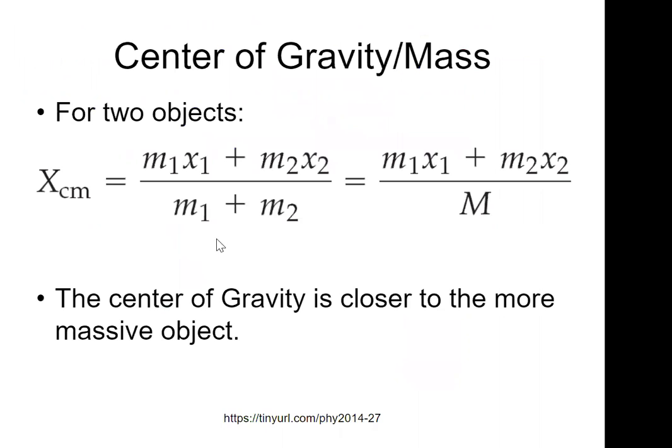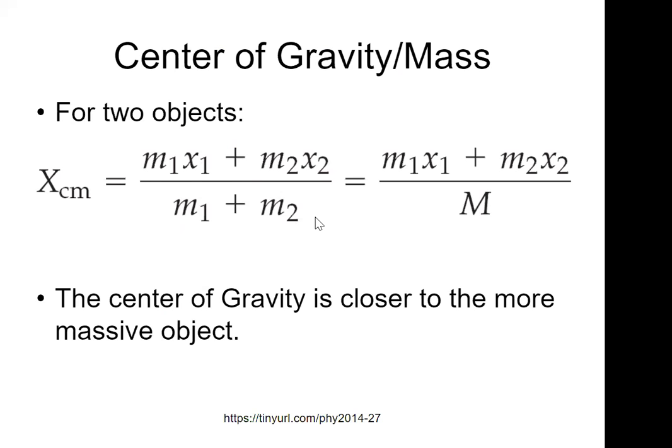If you have two objects in the system, and this is one dimensional, the location of the center of mass can be determined by m1 times the location of the first object, plus m2 times x2, the location of the second object, divided by the sum of the two masses, or capital M. If you have three, you can do it similarly: in the numerator add m3 x3, and in the denominator sum all the masses up.